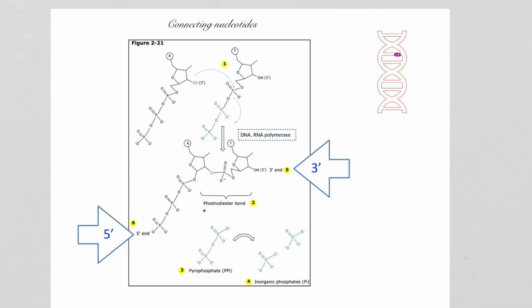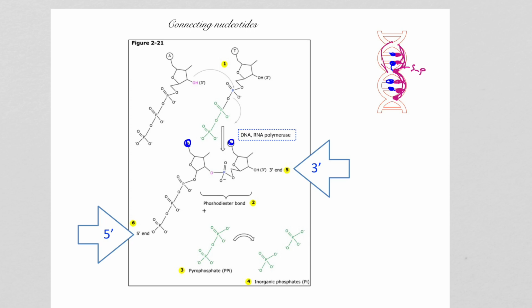So that's how the nucleotides are connected together in DNA or RNA via their sugars. You can see the sugar phosphate will be on the outside, while the nucleobases will be on the inside.